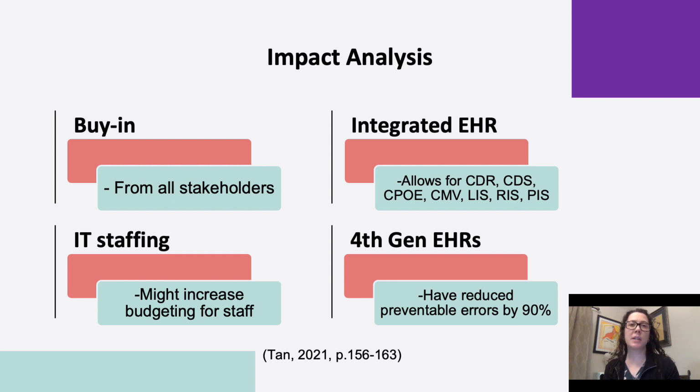So these systems can increase data management speed and accuracy, increase patient safety, and reduce medical errors and decrease costs. With the IT staffing, it might be necessary to increase that budgeting. And so the fun fact for you is that 4th generation EHRs have reduced preventable errors by 90%.